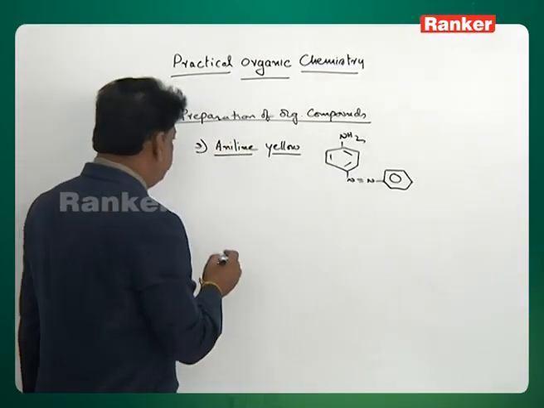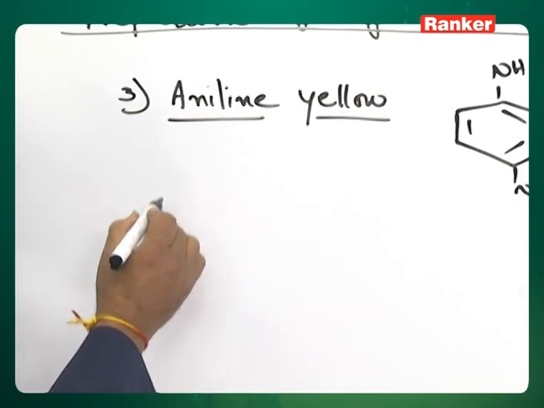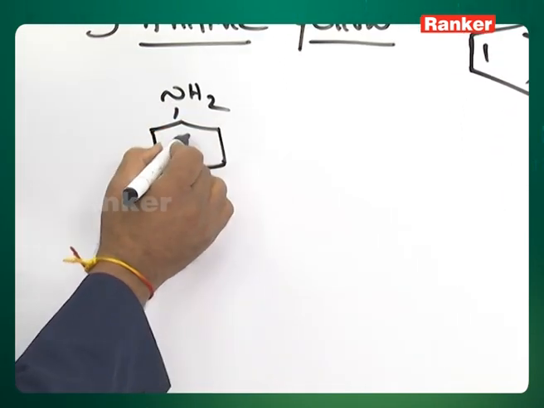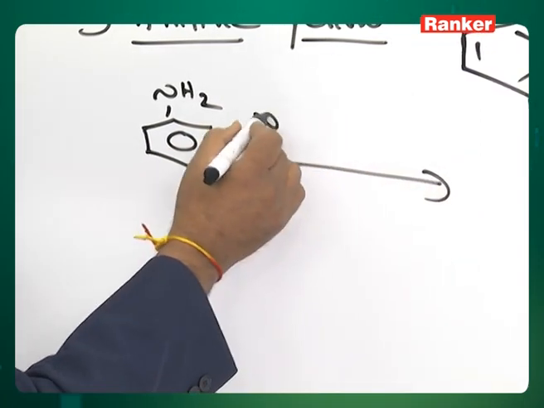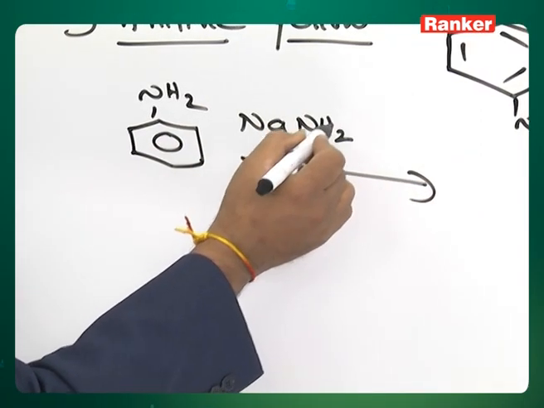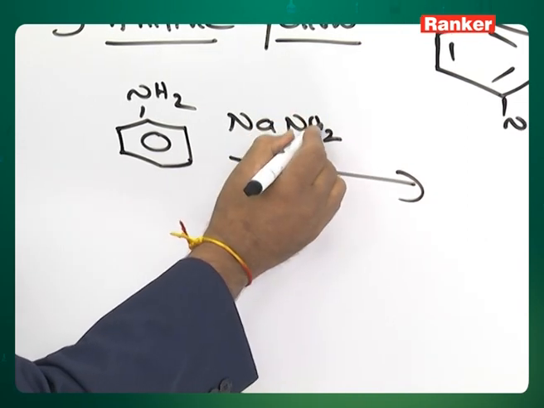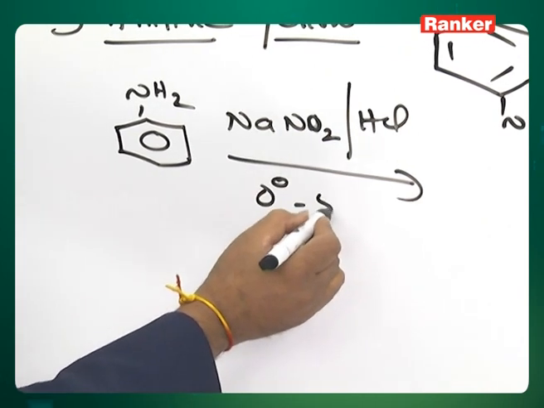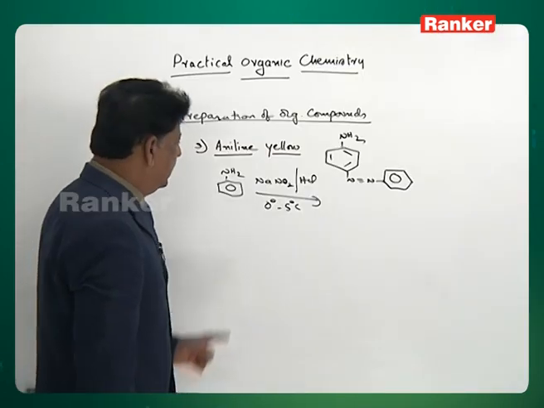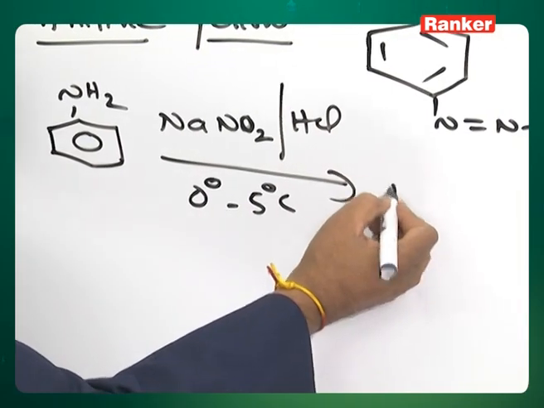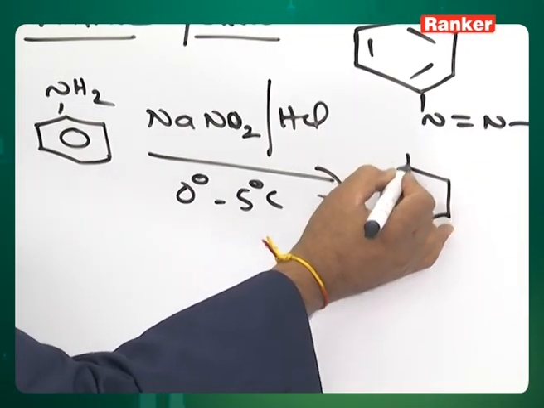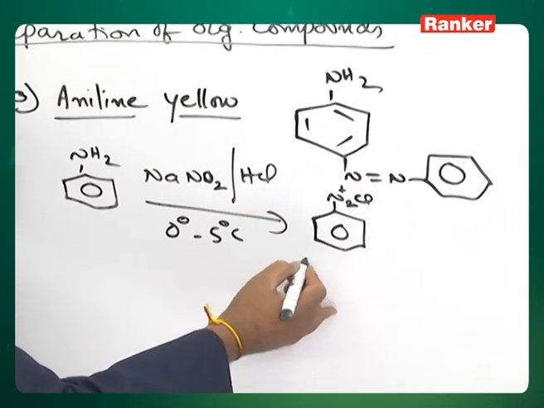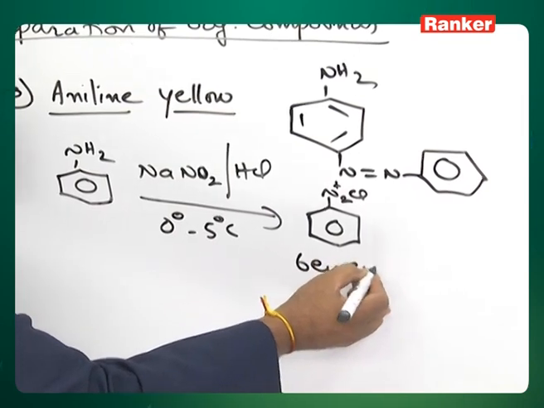Its preparation is, first you take the aniline, add NaNO2 and HCl at 0 to 5 degrees centigrade, cool it and then add. So, NH2 will become N2Cl. This reaction is called diazotization, giving diazonium chloride. This is called benzene diazonium chloride.